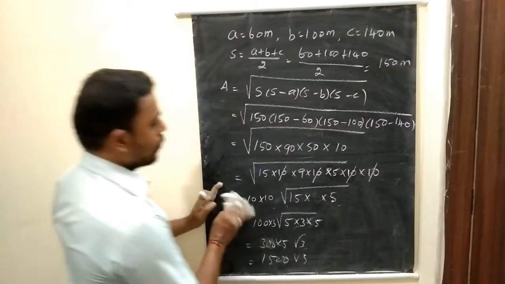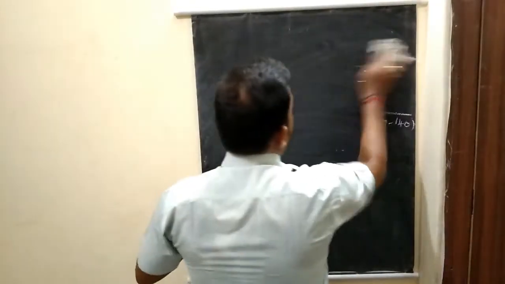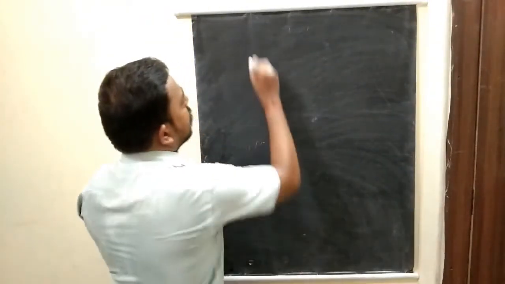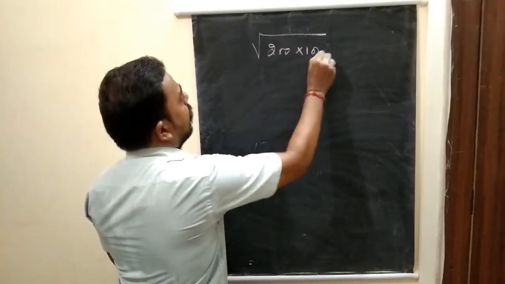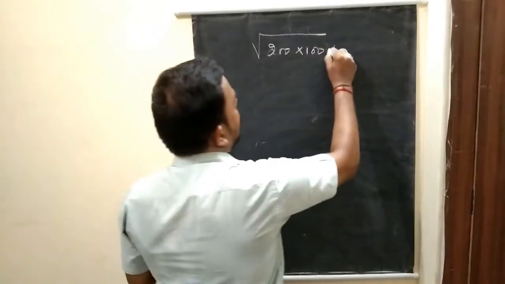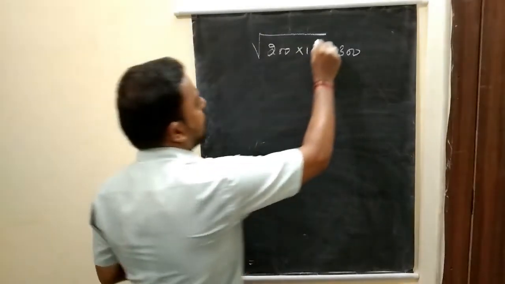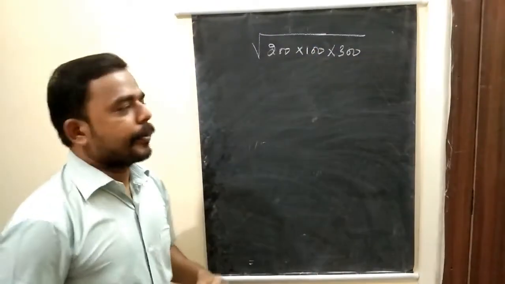Okay. Suppose the square root of something. I am going to give some ideas. Suppose things given 200 into 100 into 300. For that, no need to write the prime factors of 200, 100, 300 separately.